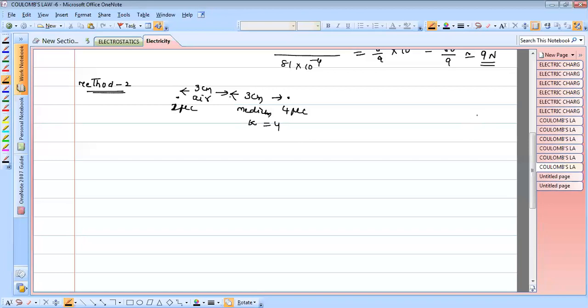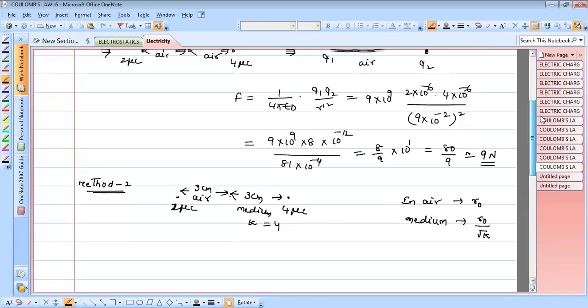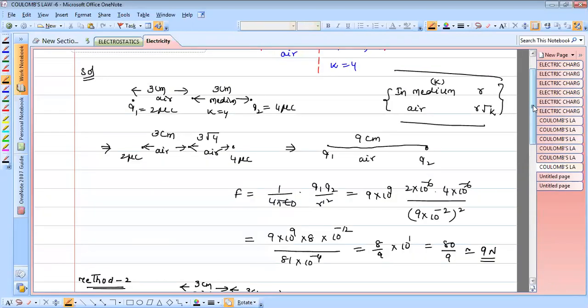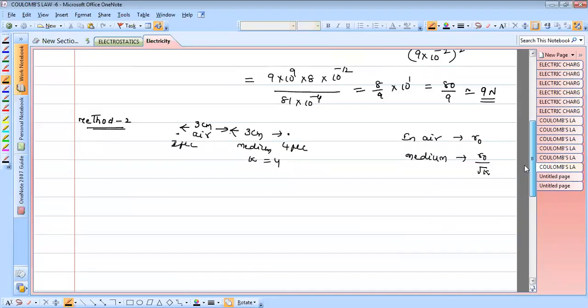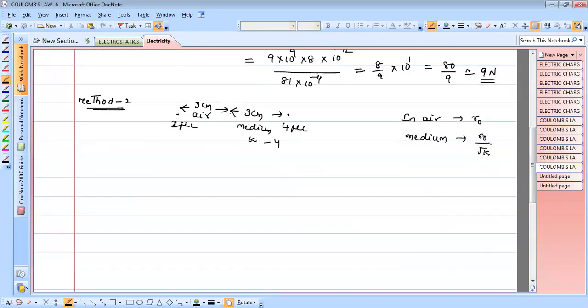So if you replace the air, in air R naught distance, in a medium R naught by root K distance. Earlier, in medium R distance, in air R into root K. Now in air R naught distance, in a medium R naught by root K. Now this is 2 microcoulomb, and this is 4 microcoulomb.